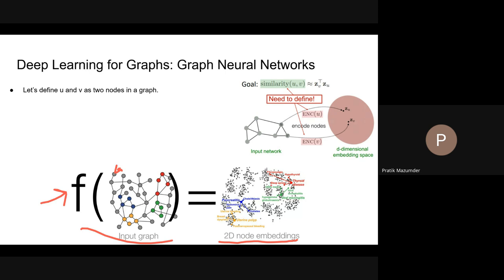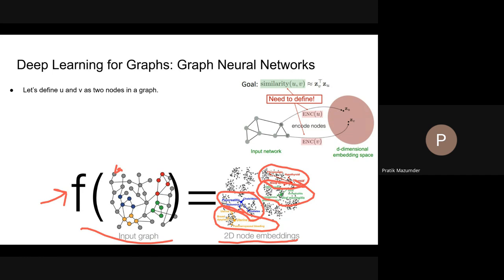In a situation like this, you will try to map all similar nodes to a more localized area within that embedding space, so that whenever you now have to perform any downstream tasks, they generally become easier.